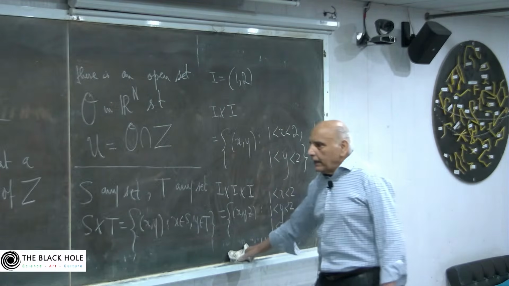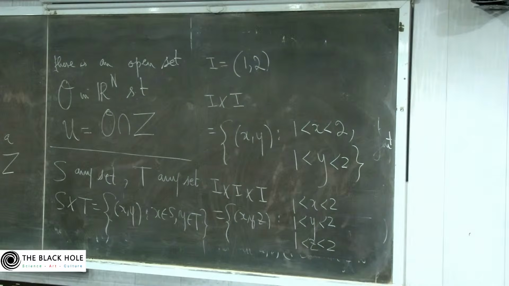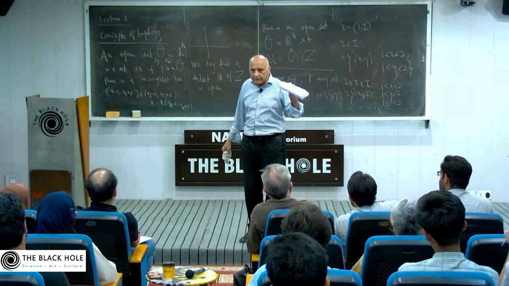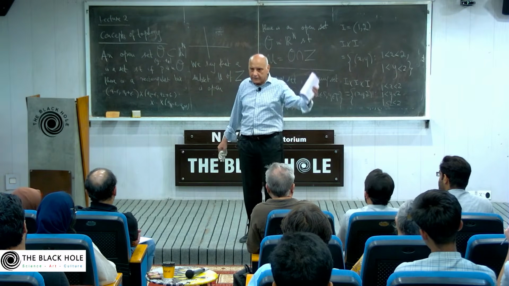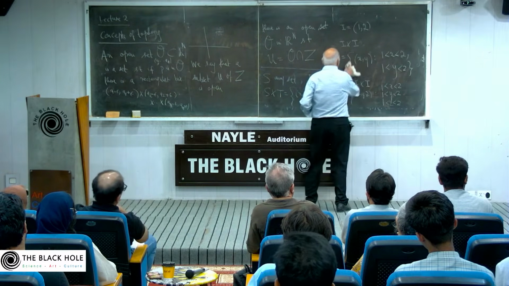So then throughout this course we will be needing the notion of a differentiable function. So what's a differentiable function? If locally it's the restriction of a differentiable function in the ambient space. So let me define it formally.